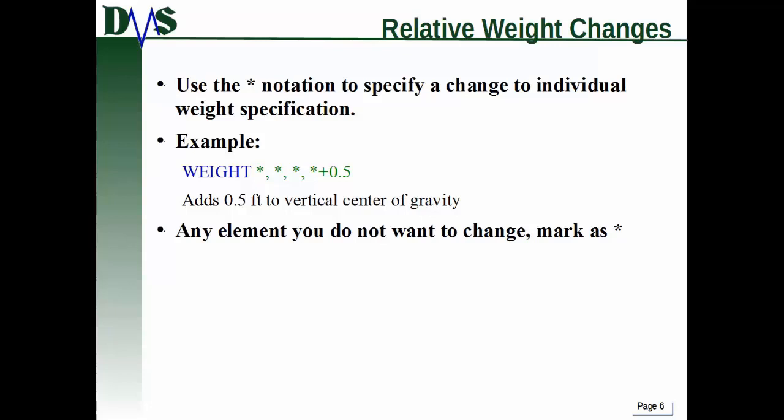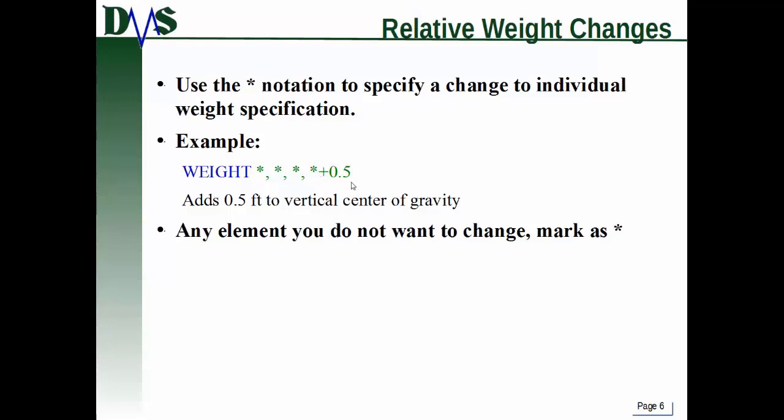You can also create relative weight changes. And the way you do that is you use the star notation to specify a change to an individual weight specification. Any element you don't want to change, you just mark as star. So in this example here, I'm adding 0.5 feet to the vertical center of gravity. So star, star, star, that's saying we're not changing the weight, not changing the LCG, not changing TCG.